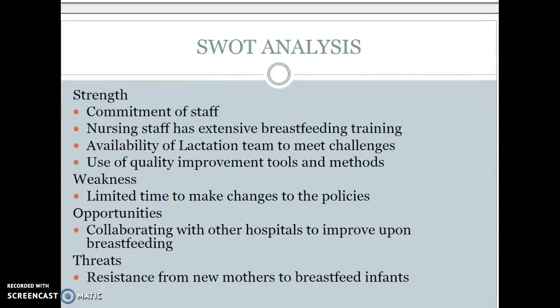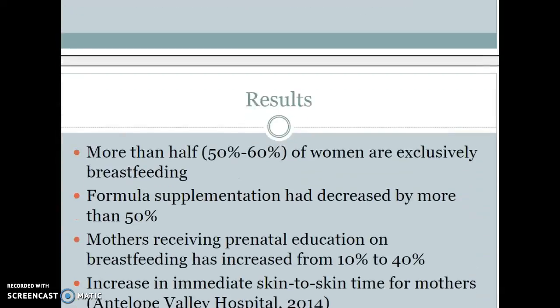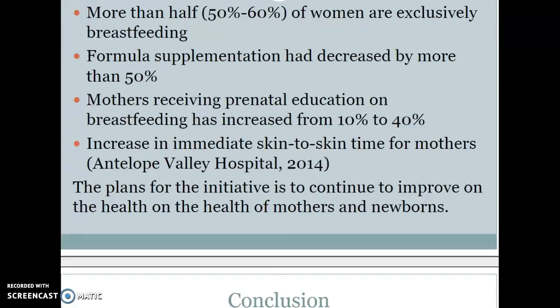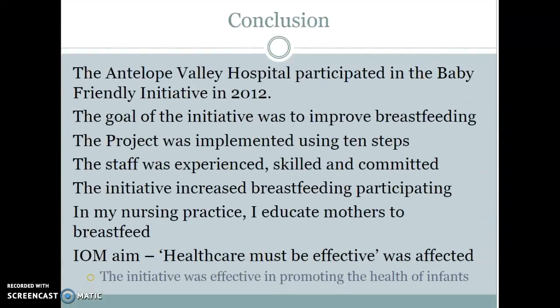Here is your SWOT analysis. Here's a listing of the results. And this is nice. The results are on here. There's not too much information on here, but you wouldn't really want too much more information. That's about all you want to put on a slide. And your conclusion on your slide.